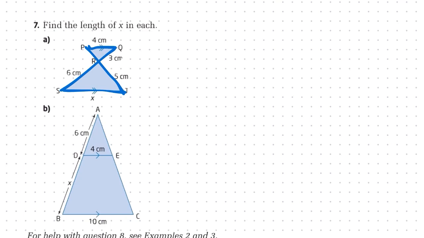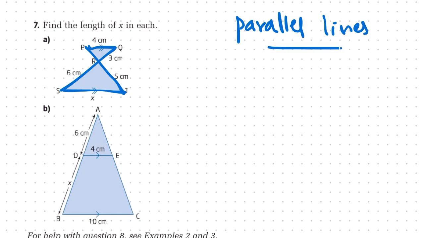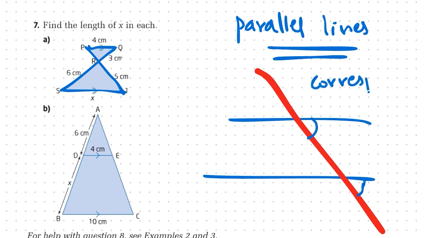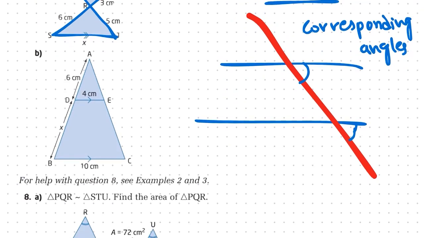I'll tell you something about parallel lines. If two lines are parallel and there is a third line crossing them like this, these angles will be equal. These are called corresponding angles. And there's more to it.